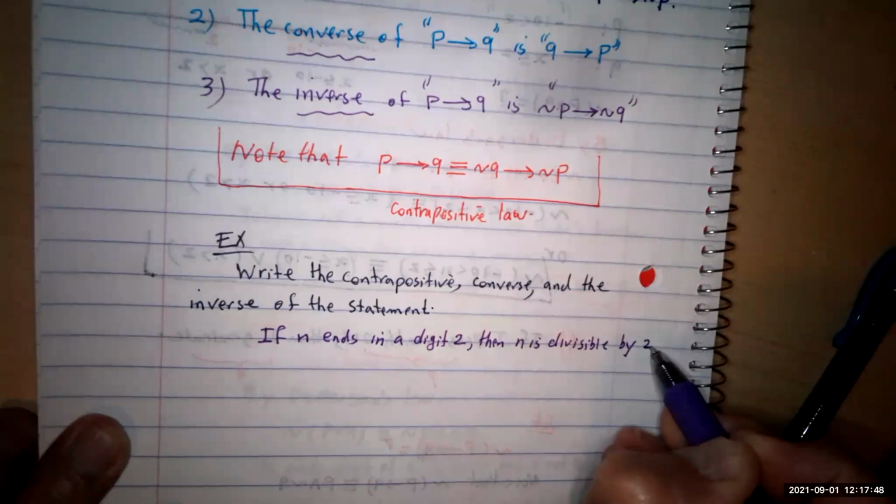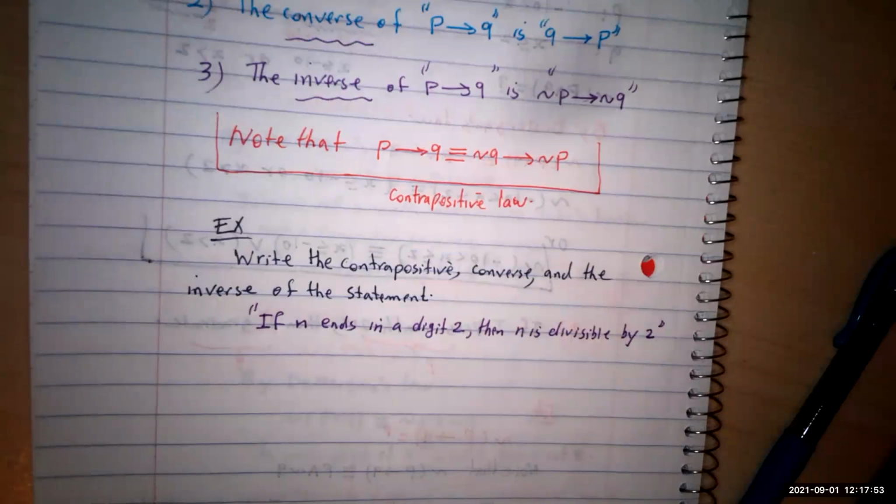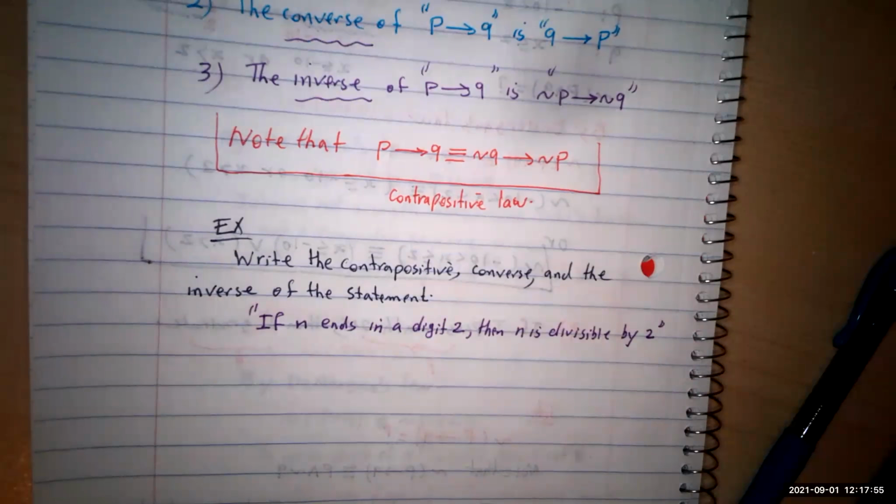That's the statement that we have. If n ends in a digit 2, then n is divisible by 2. Is it true or false?